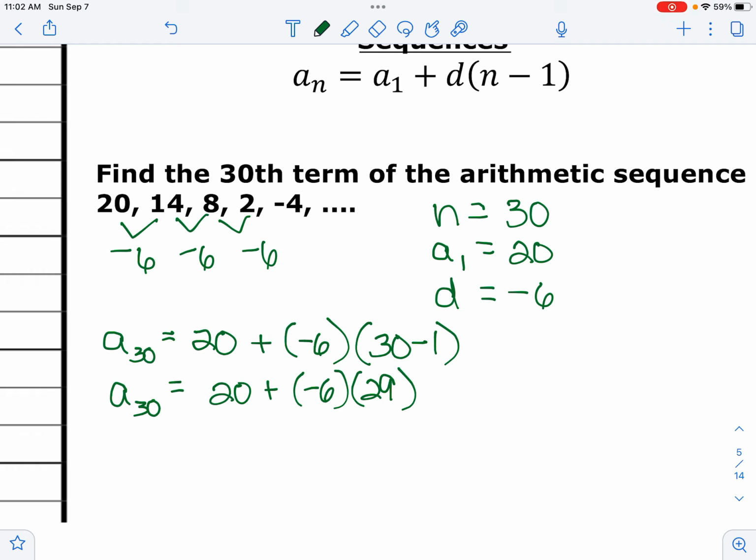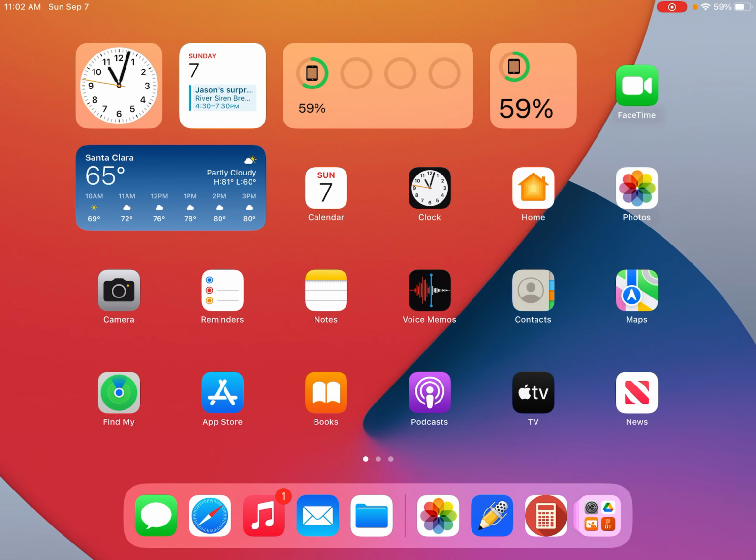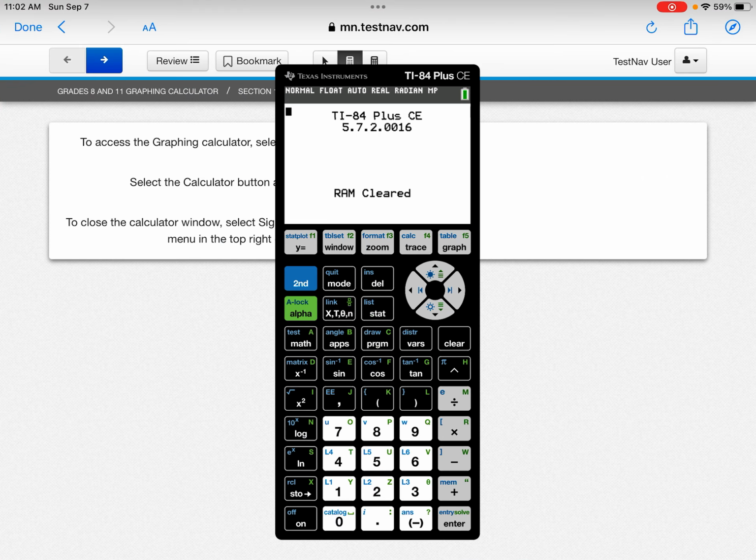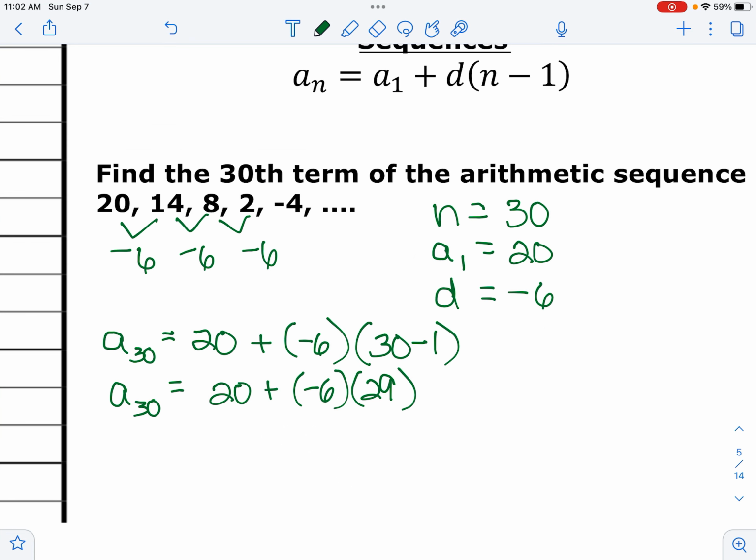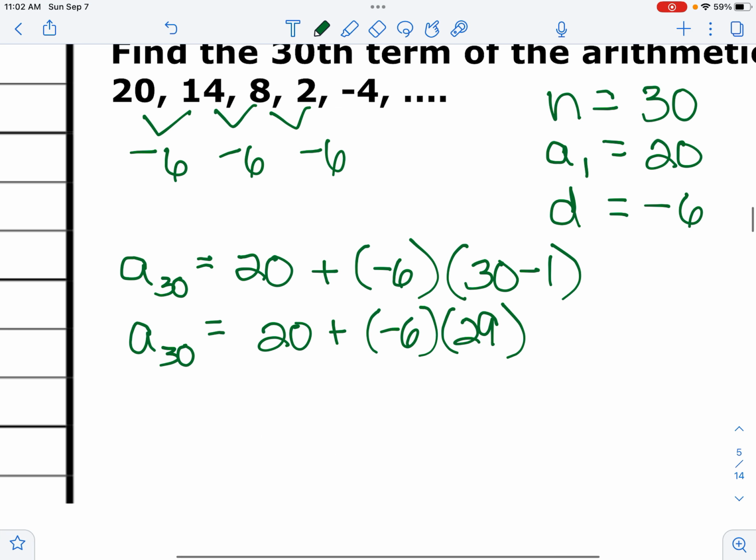Now I do need to use PEMDAS when I simplify this. So I can't go 20 minus 6, or plus a negative 6. I have to do this multiplication first. PEMDAS says multiplication comes before adding. So we need to do negative 6 times 29. So I'm going to open up my calculator. Negative 6 times 29 is negative 174.